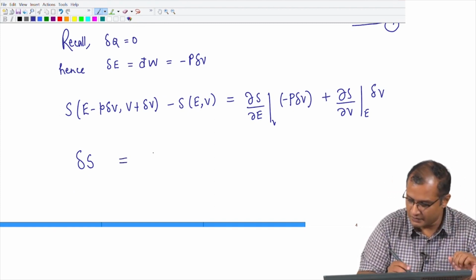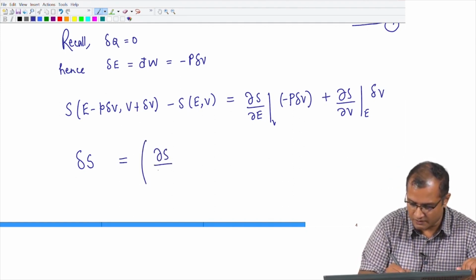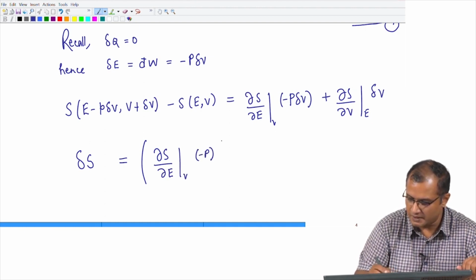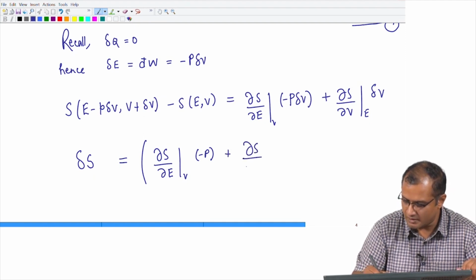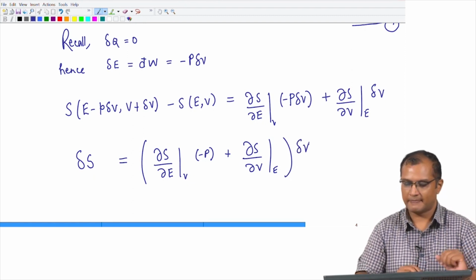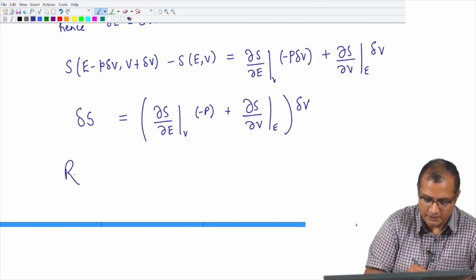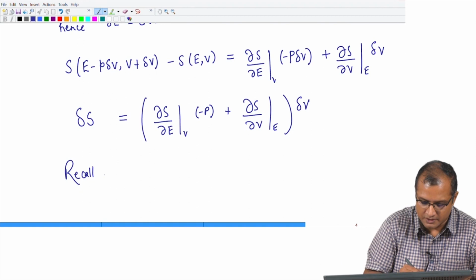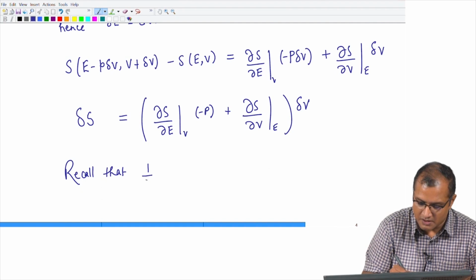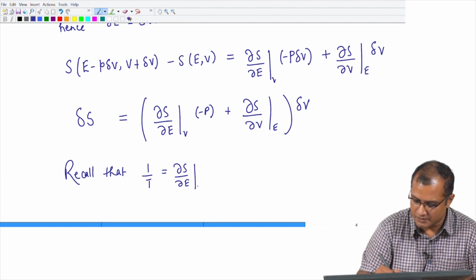And on the right hand side you can take delta V outside as common and call this delta S equals delta S over delta E at constant volume into minus P plus delta S over delta V at constant energy, into delta V, okay. And now what we have learned from the first law discussion is that the thermodynamic definition of temperature is del S over del E at constant volume.